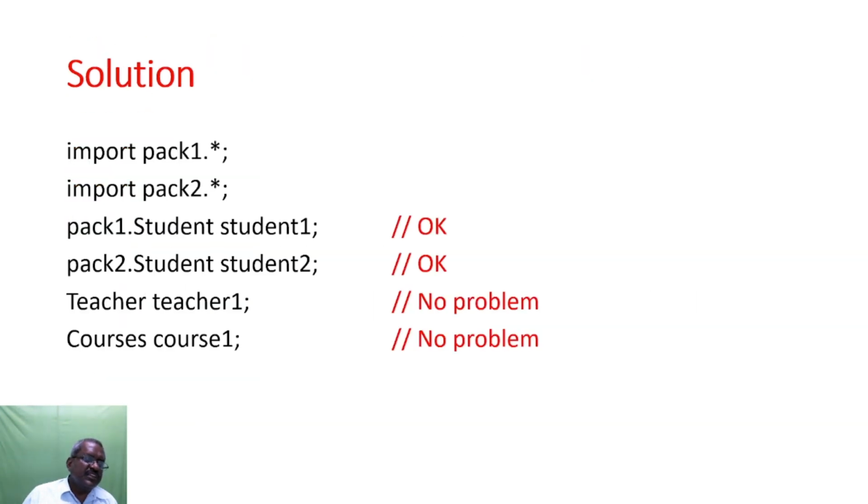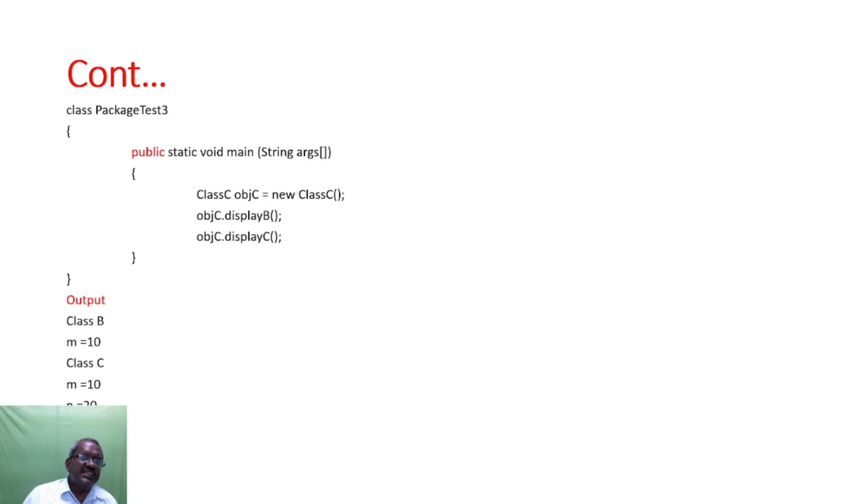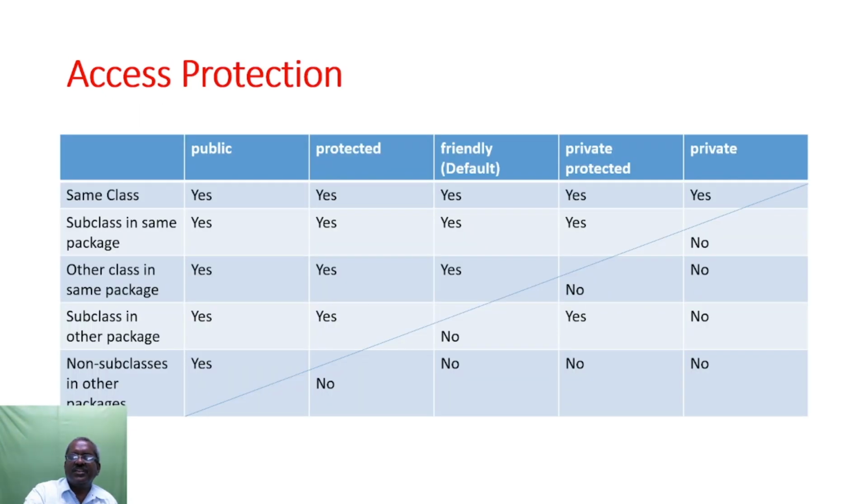Likewise you can use the other access specifiers also, protected, friendly. In one place, for the variable alone, that is the member alone, we have used protection. Okay, so this I think you have understood.